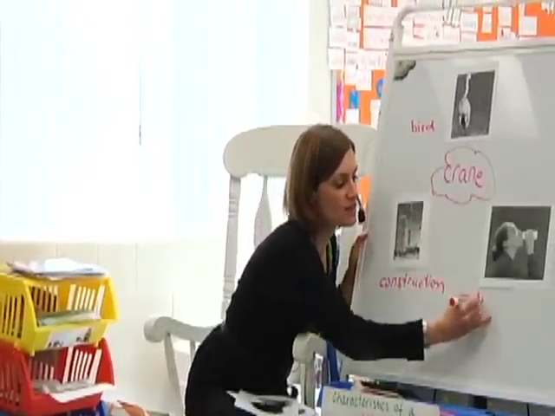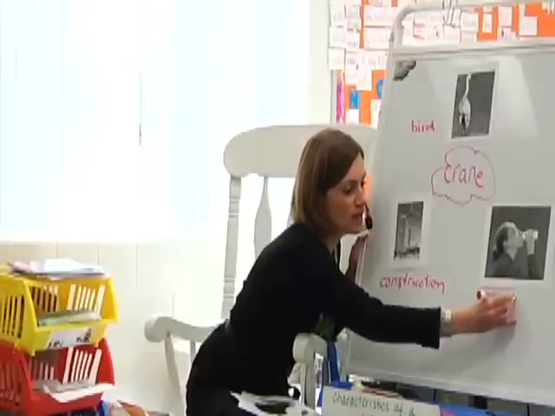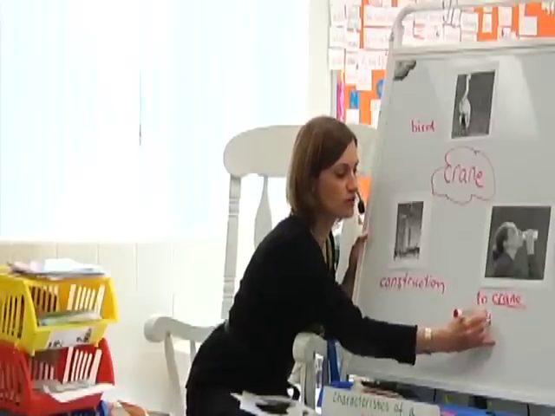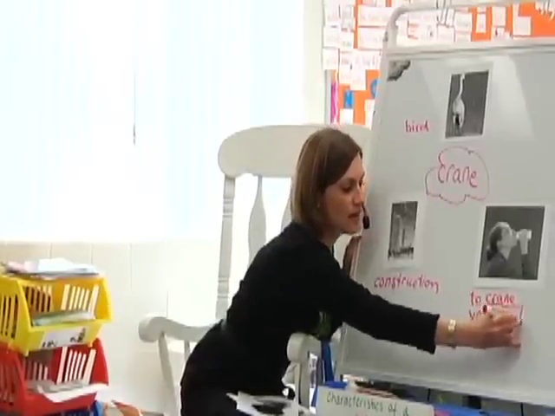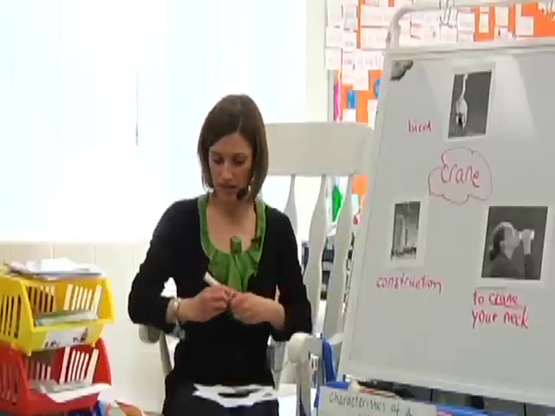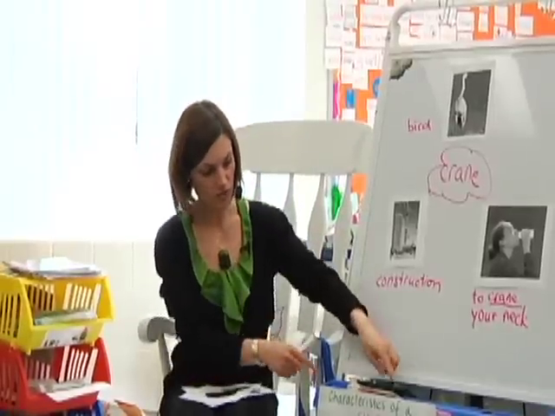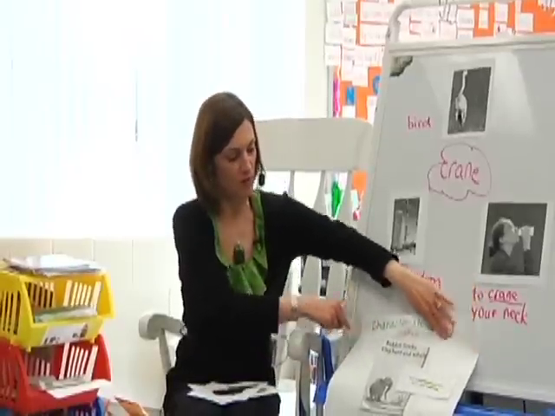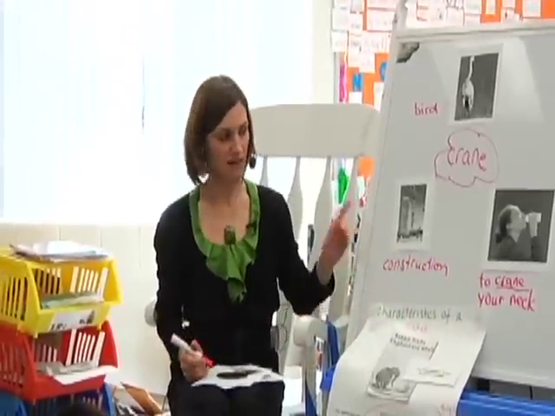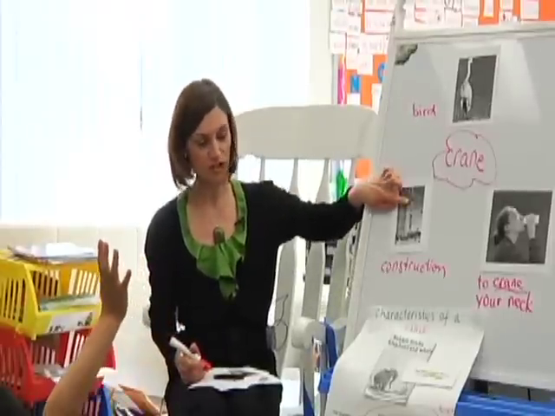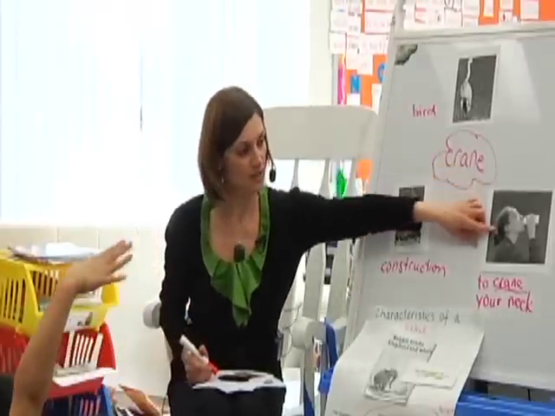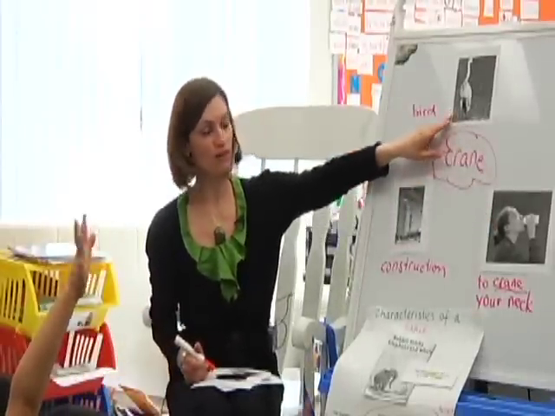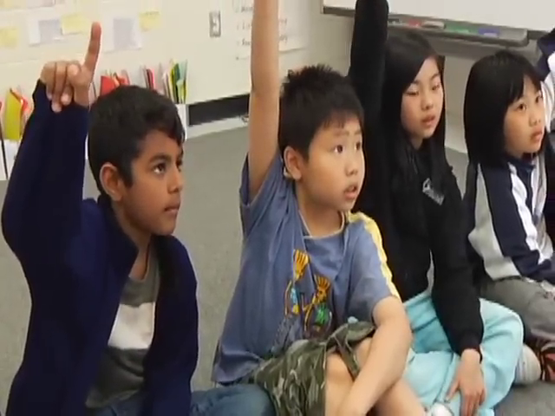Here we have an action word, to crane your neck. So now here's a thinking question for you. If we're going to read a fable, I'm wondering which kind of crane you might expect to read about. A construction crane, someone craning their neck, or the bird named a crane.